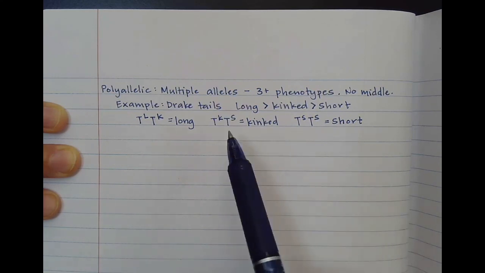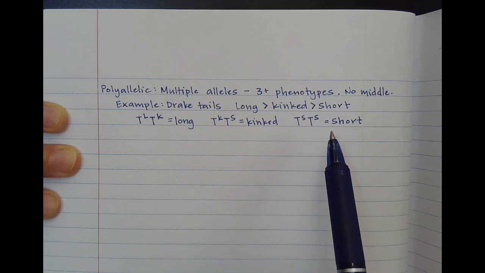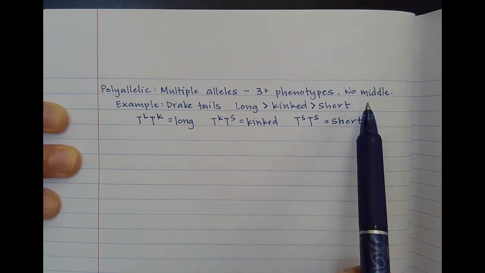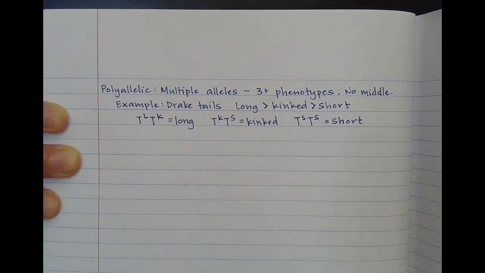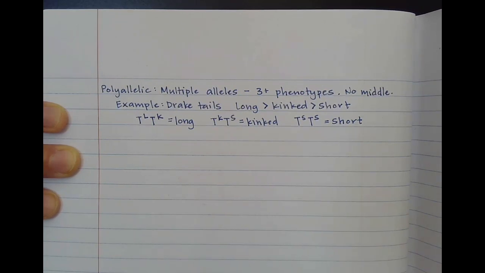Now, when we're looking at this, kinked is not a middle version between long and short. It is a totally different phenotype, which means that it's not a blend, which means that I can tell, even though there are 3 different phenotypes here, that this is not an incomplete dominant situation. Because those characteristics are distinct from each other, this is a polyallelic situation.